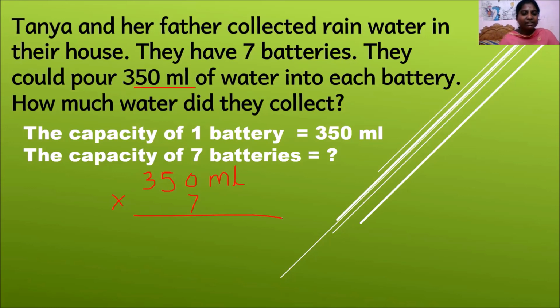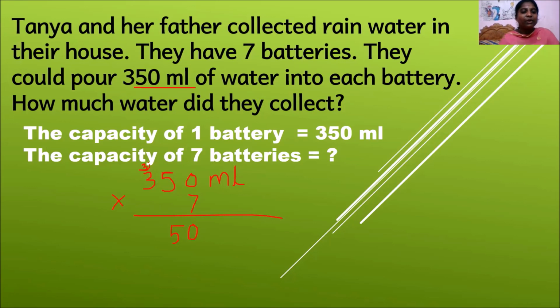Start your multiplication from the ones place. When we multiply 0 with any number, we get 0. Next, 7 5s are 35. In that 35, you can write 5. 3 must be the carry.